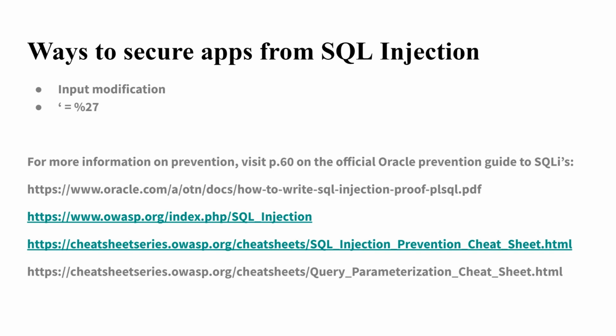Basically, from Oracle's official guide on how to prevent these, they have a SQLi proof attack guide, and they have some ways on ensuring sanitization. And one of them is whenever a SQL statement is used in a program, keep all of the intermediate variables used as constants, so that the person looking at the code will understand that those values can't change.